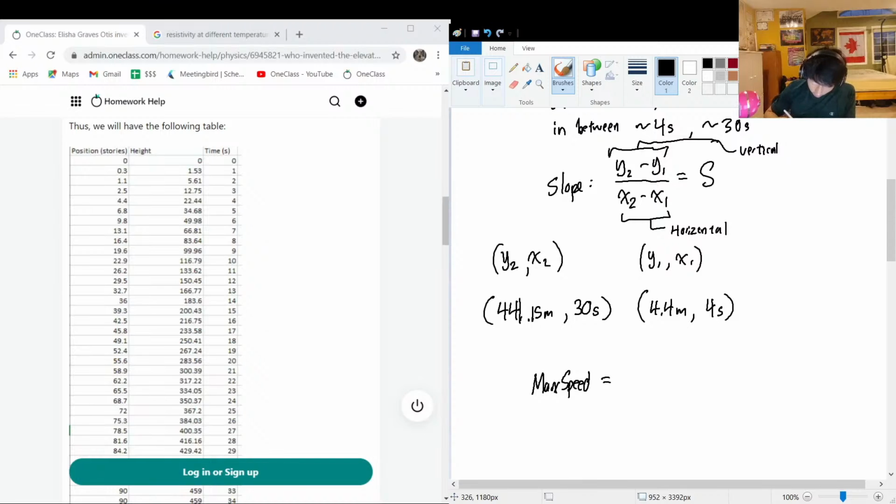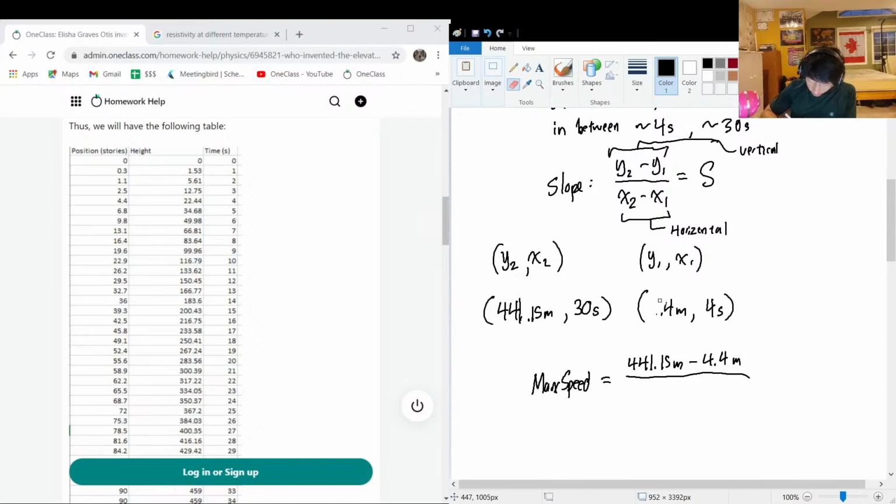So it will be y2, which is 441.15 meters, minus 4.4 meters, all divided by... that was not 4.4 meters. That's 4.4 stories.